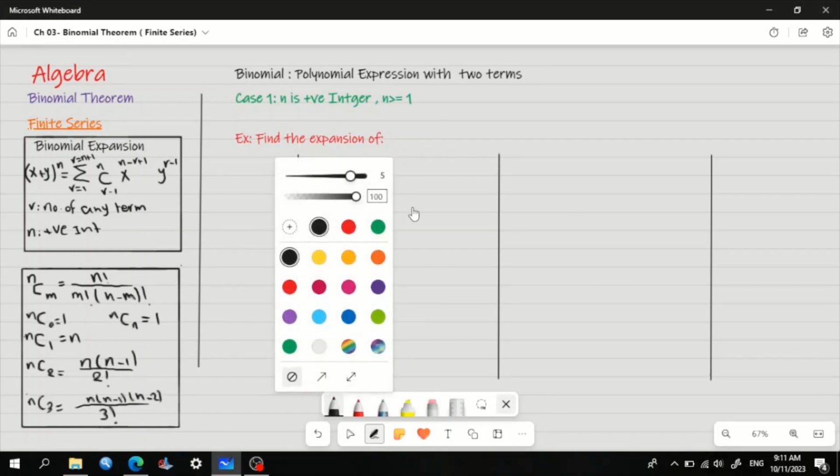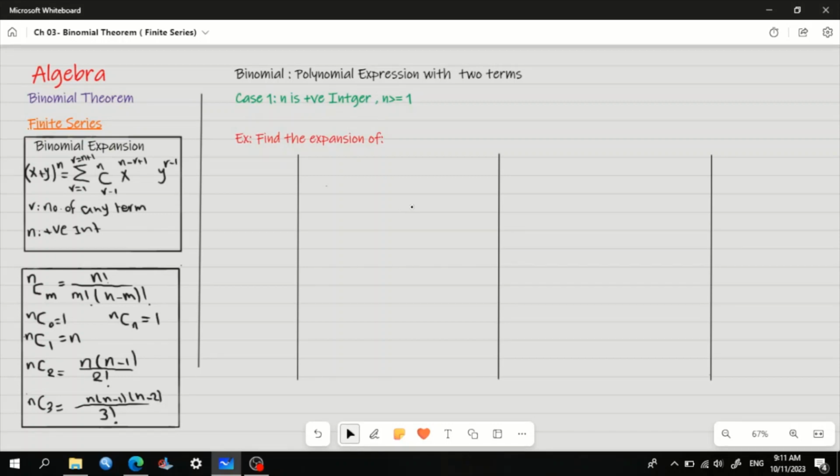So find the expansion of, here we have x squared minus 2y power 5.